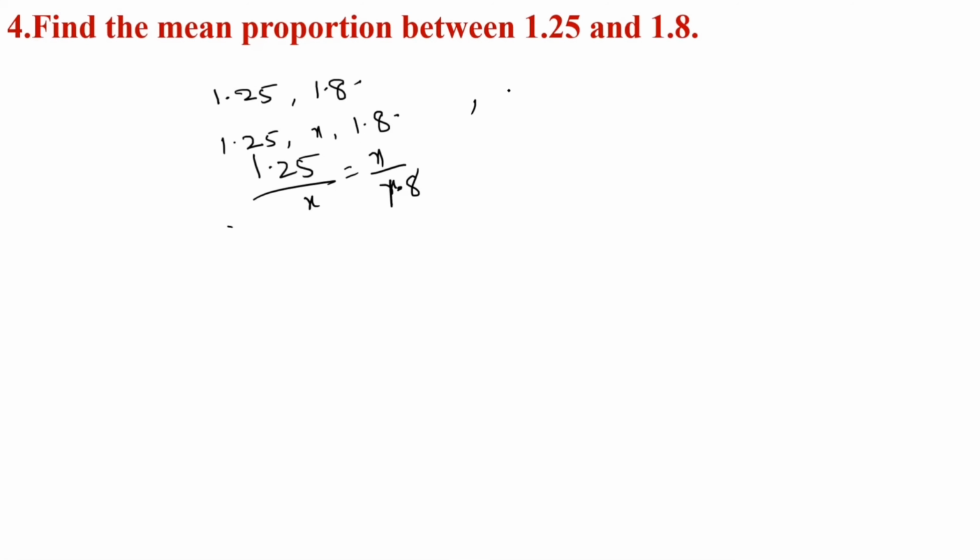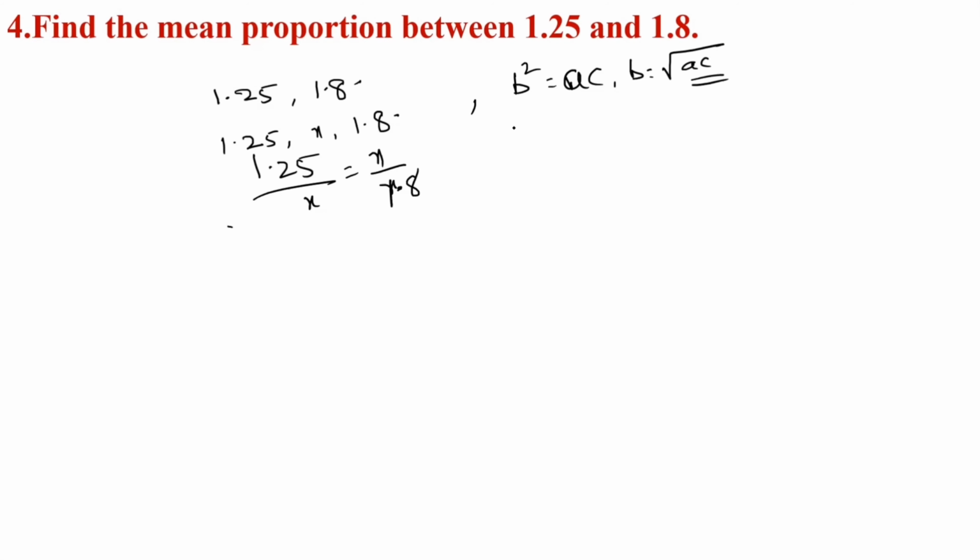Find the mean proportional of 1.25 and 1.8. I need to calculate the mean proportional, means 1.25, mean means middle x, 1.8. So 1.25 by x by 1.8. Or directly you can take b square is AC and b is equal to square root of AC.